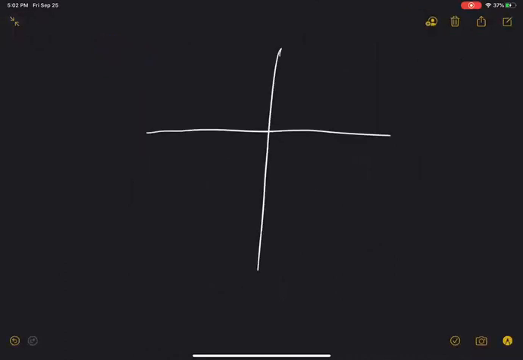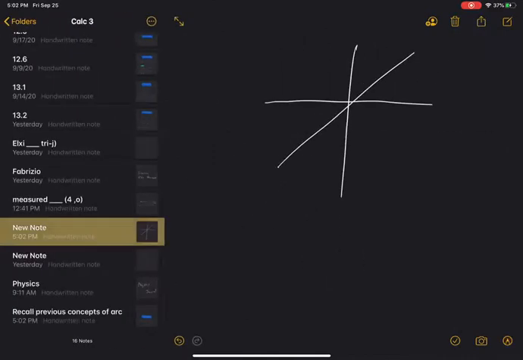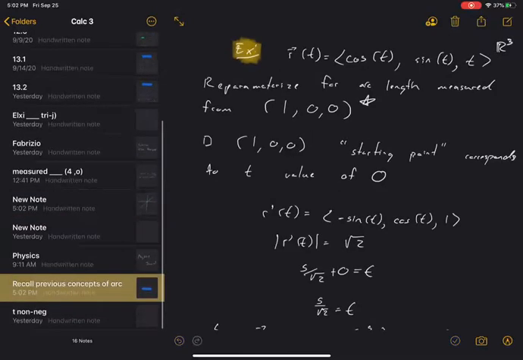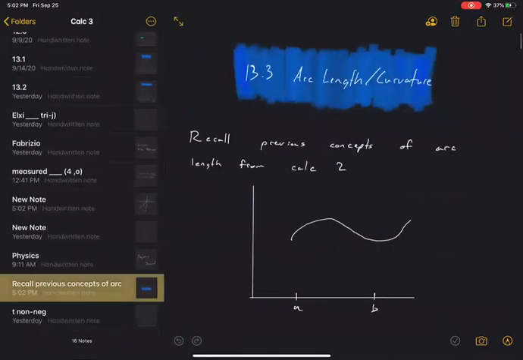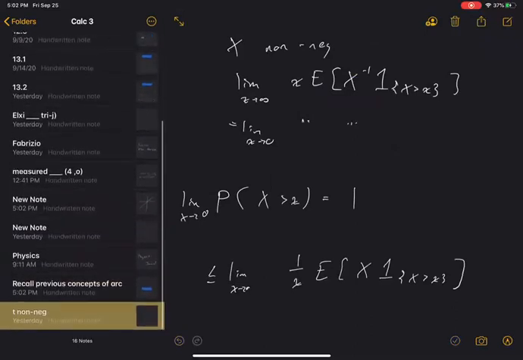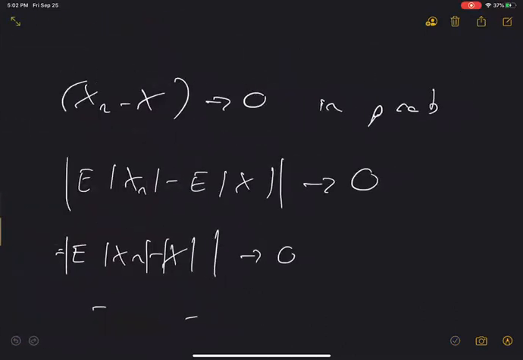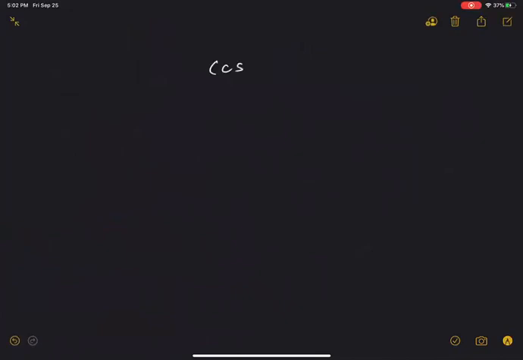Okay, so what does that mean graphically? So my r of t is equal to cosine of t, sine of t, t, and we said our initial point was what?